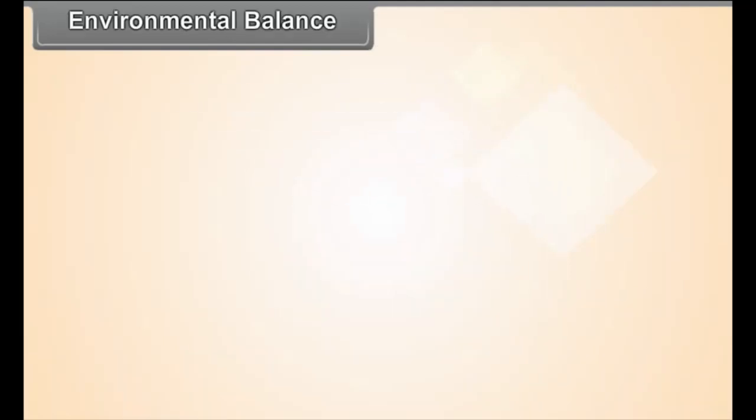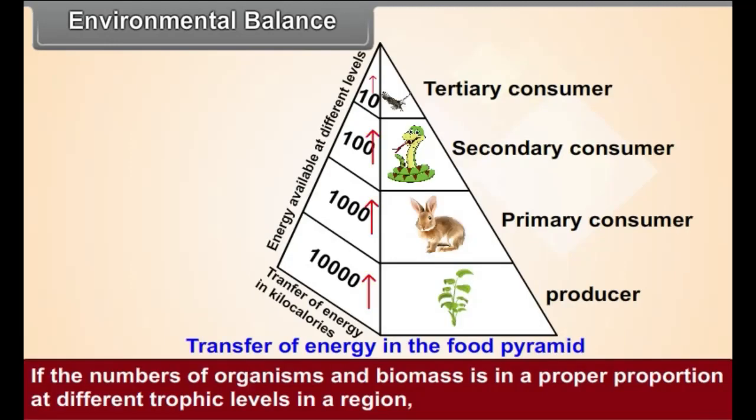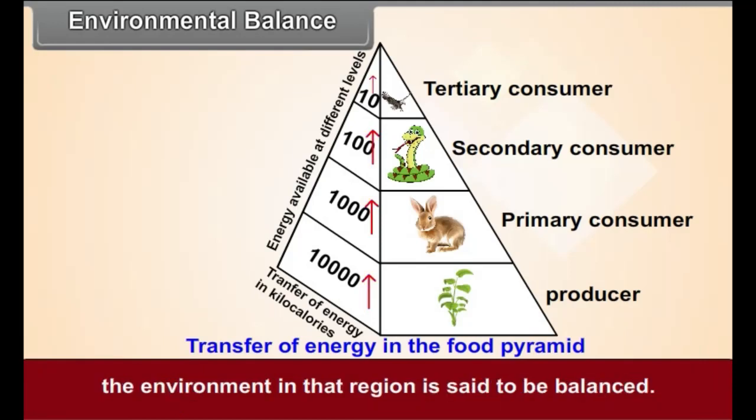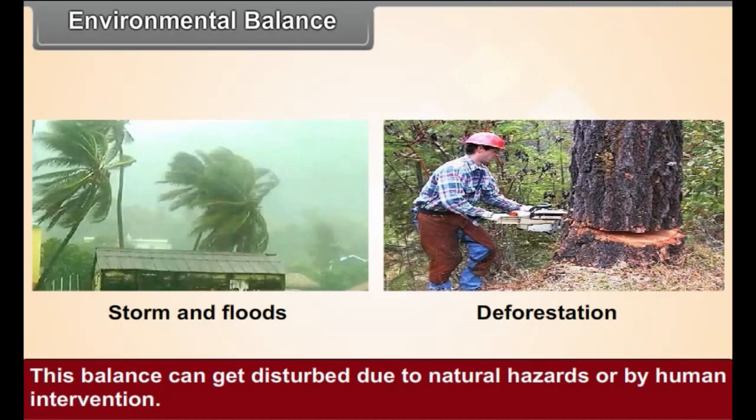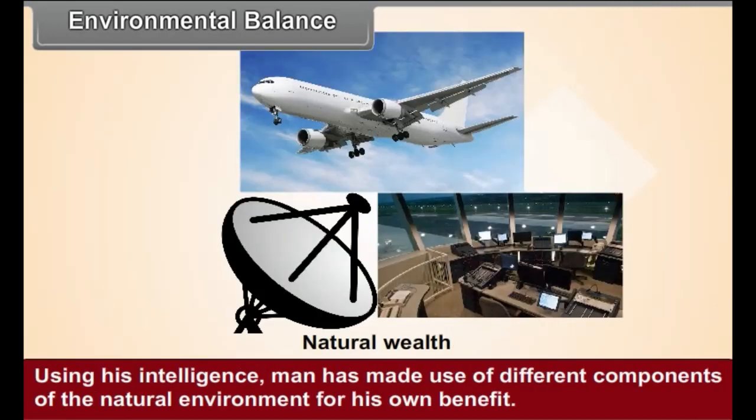Environmental balance. If the number of organisms and biomass is in the proper proportion at different trophic levels in a region, the environment in that region is said to be balanced. This balance can get disturbed due to natural hazards or by human intervention. Using his intelligence, man has made use of different components of the natural environment for his own benefit.